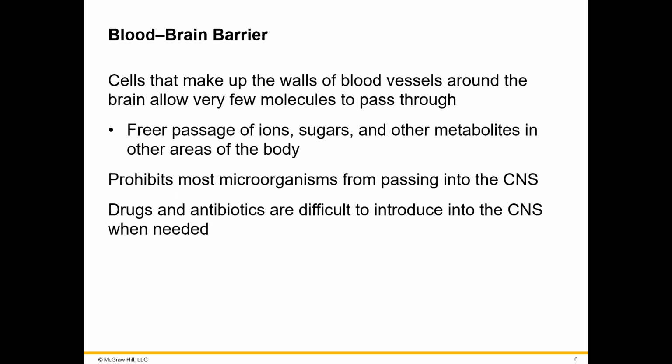When we talk about how it's permeable in a lot of the tissues in our body, well, in the barrier between where we have crossover from the blood into the brain tissue, there's less passage allowed of molecules or larger structures, whether that's cells or even microbes or things like that. So this prohibits microorganisms from passing into the CNS, but it also can prohibit drugs or antibiotics from crossing into the CNS.